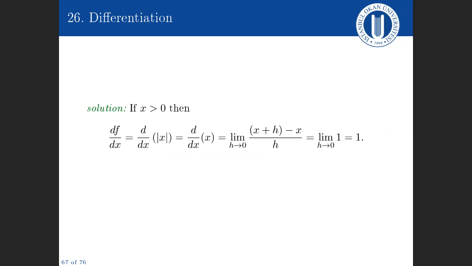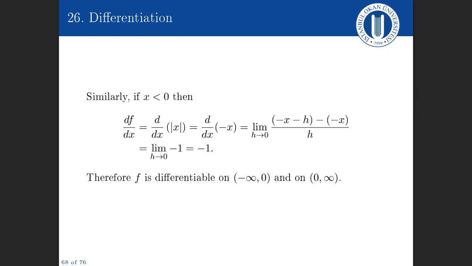If x is positive, then absolute value of x is just the same as x. So that's limit of x plus h minus x divided by h. The x's cancel, we get h over h. The h's cancel, and we just end up with 1. We're doing the limit as h tends to 0 of 1, which of course is equal to just 1.